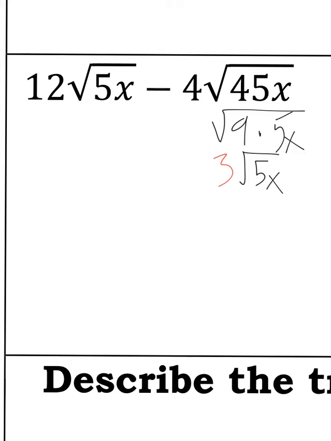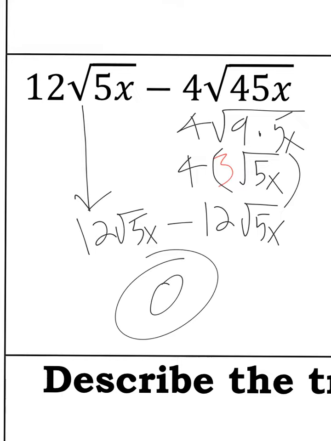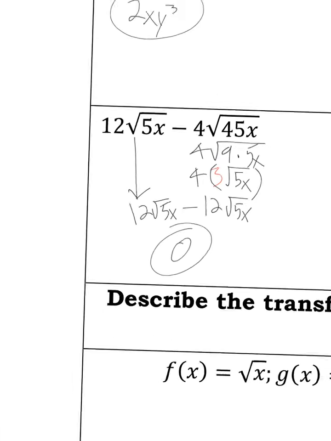And everything else would just carry down. So I have 4 times that, so now I have 4 times 3, so that makes 12 times the square root of 5x. Alright? And so this said 12 times the square root of 5x minus that, so the answer will just be 0. Okay?